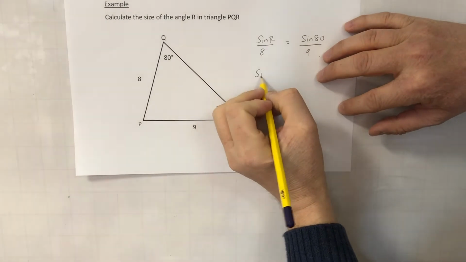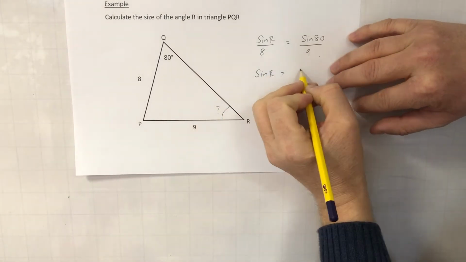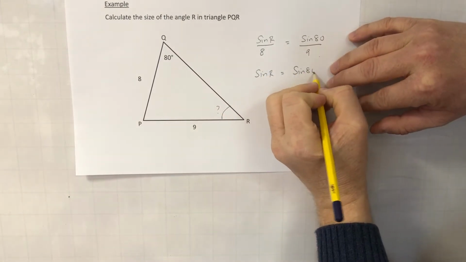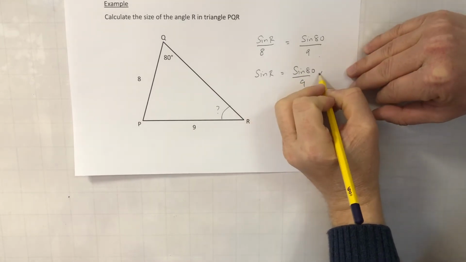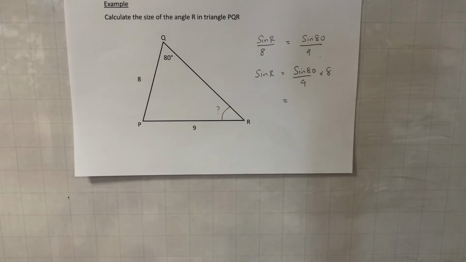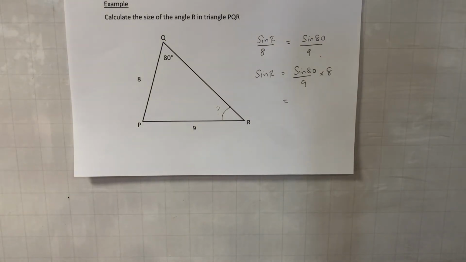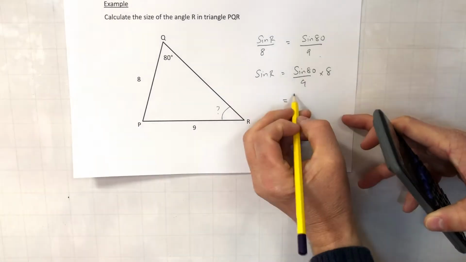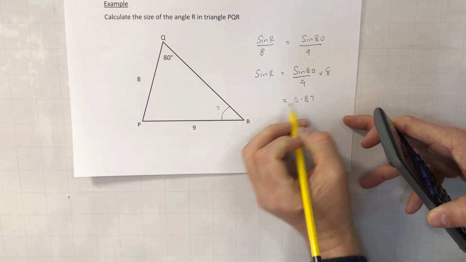So therefore the sine of r is equal to what I've just said, times by 8. Put that into the calculator. So sine 80 divided by 9 times by 8 comes out as 0.87, etc.